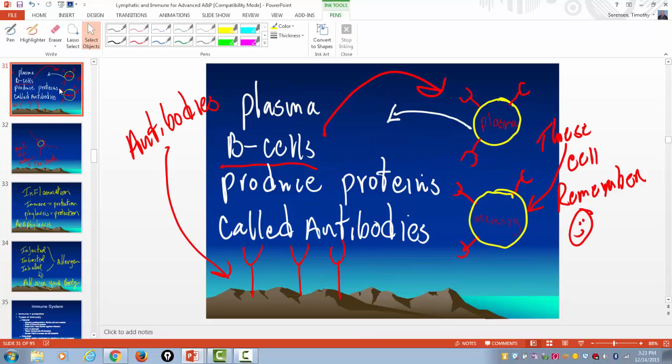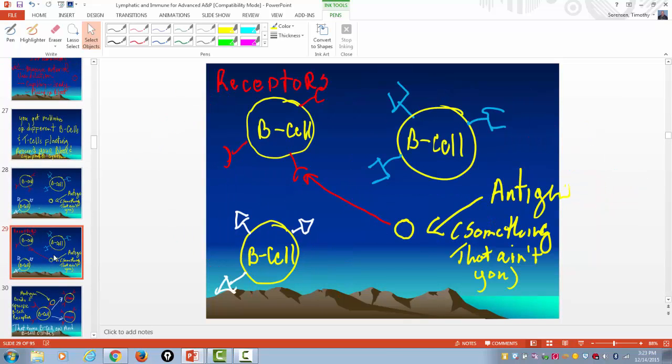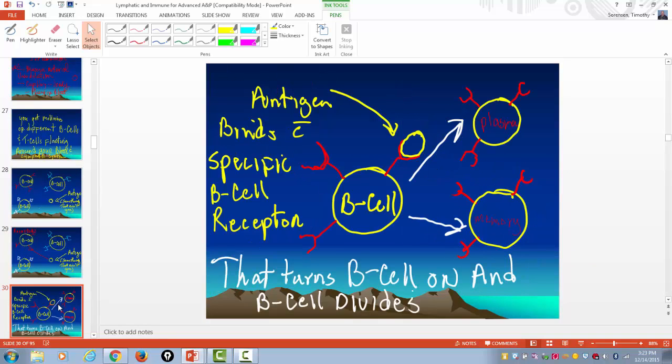Now, this is important. On your first exposure to an antigen, when you're first exposed to something and the B cell gets turned on, you get these plasma cells, but they don't produce a lot of antibodies. So you hardly even notice it.